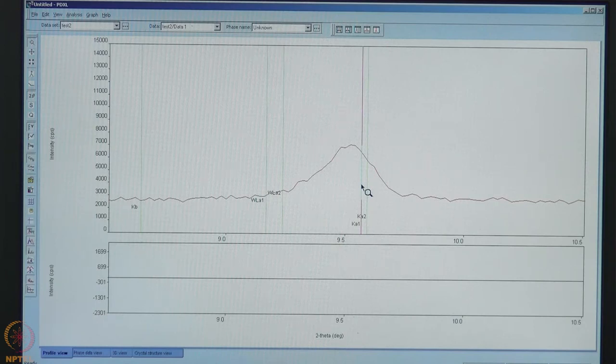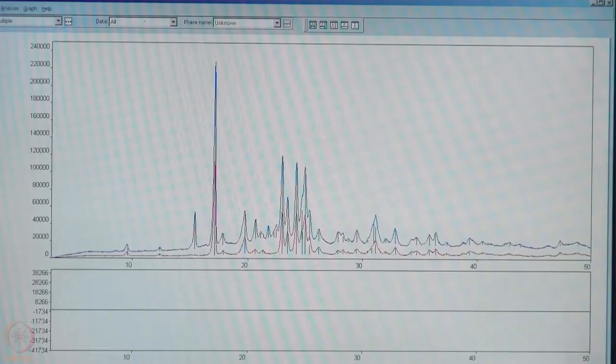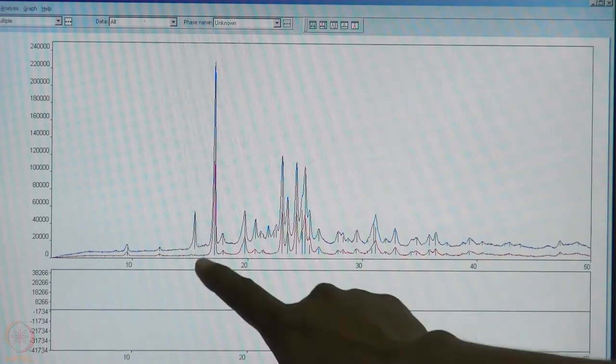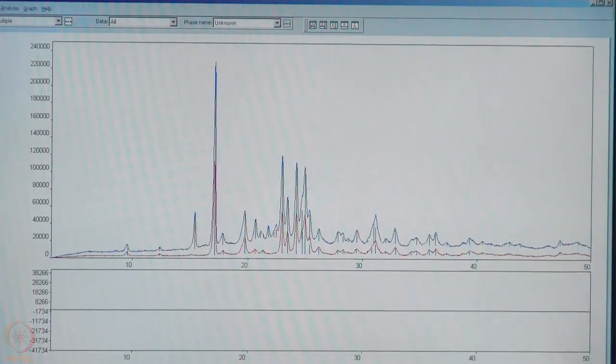So, if we had not put the K beta filter, we would have got another peak corresponding to K beta radiation, and the pattern would become more messy. Here on the screen we are now seeing two diffraction patterns. One is displayed in red, the other one is displayed in blue.